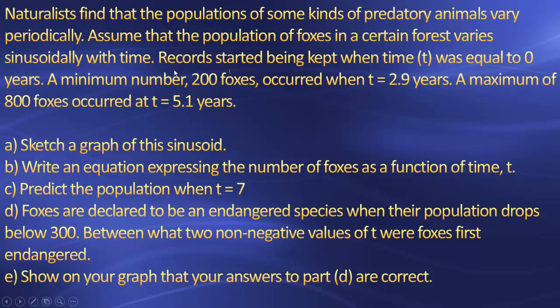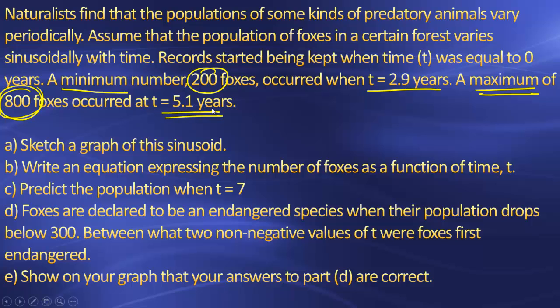After the time started being recorded, a minimum number, so this is important, minimum number, which was 200 foxes, occurred when t was 2.9 years. A maximum of 800 foxes occurred at t equals 5.1 years.